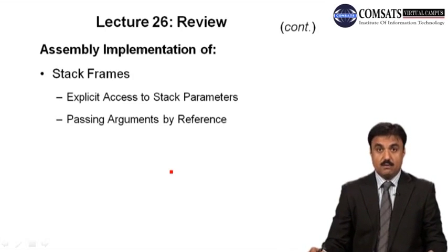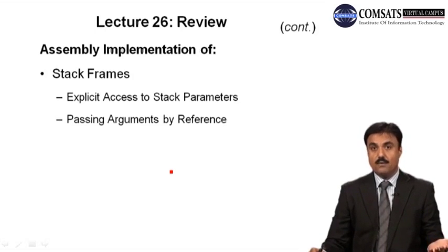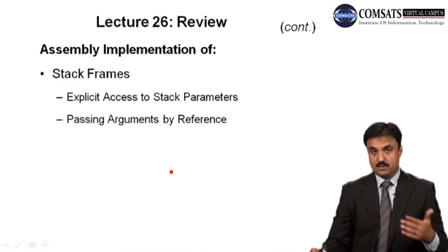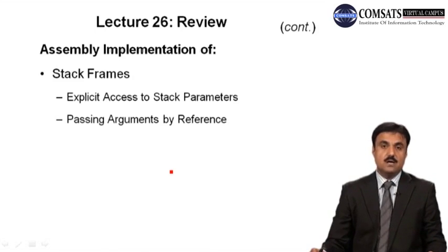This stack frame is an area in the stack which is used to pass parameters, when a procedure receives parameters, or when we pass arguments to procedures. These arguments and parameters are stored in this stack frame.